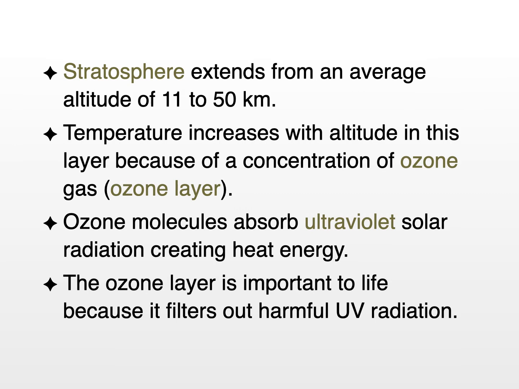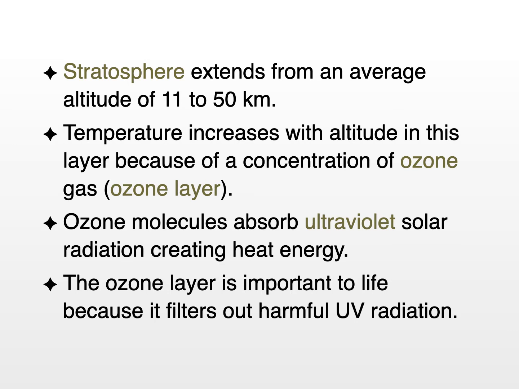The stratosphere extends from an average altitude of 11 to 50 kilometers above the Earth's surface. What's unique about this layer that's different than the troposphere is that temperature increases with altitude. This increase is primarily because there is a concentration of ozone gas.